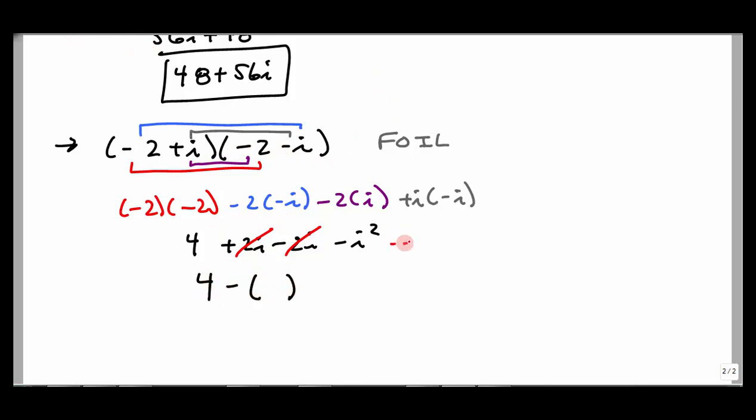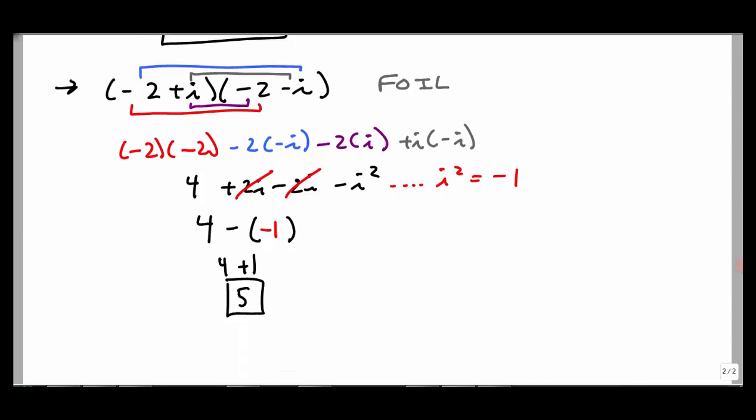But remember, i squared from above on our first page is equal to -1. So in this case, 4 minus a -1 is the same as 4 plus 1. 4 plus 1 is 5. So in this case, I don't have a complex component. I don't need to write 5 plus 0i. I can just go ahead and stick with the 5. You don't need to worry about the 0i component if it's not there.